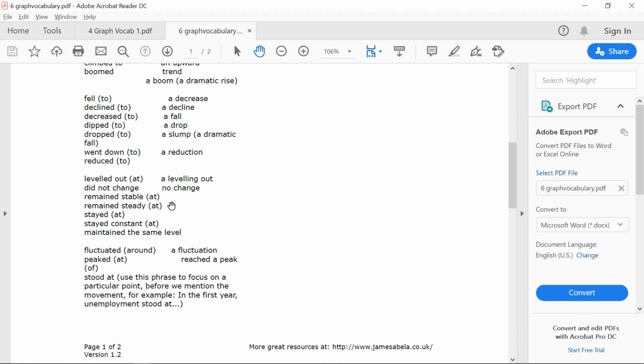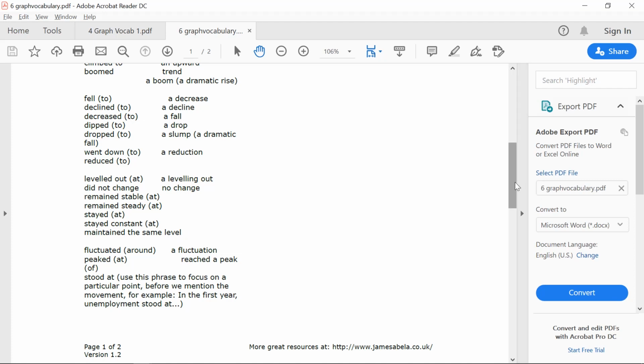The consumption of meat leveled out from 2006 to 2011, or in simple words, did not change. The consumption of meat remained steady at whatever number you want to give. So you can use these phrases to draft your thoughts, and practicing these phrases to write some sentences of your own, depending on different types of situations possible, would make good sense.